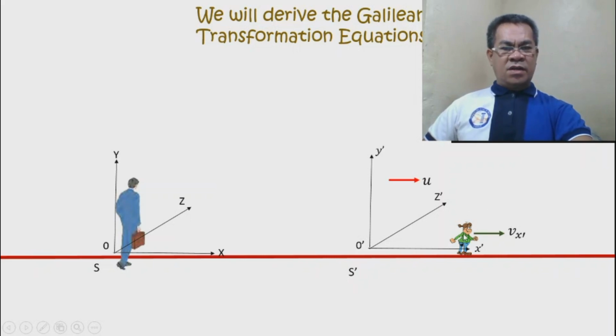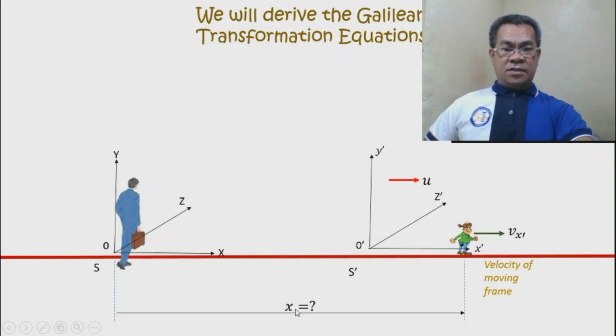Now, what is the position of the particle with respect to the rest frame? Take note that the position of the particle with respect to S prime is X prime.